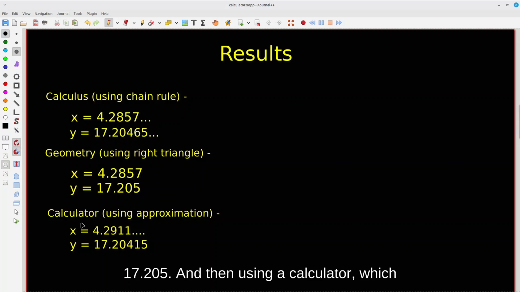And then using a calculator, which is basically approximating the answers, x equals 4.2911 and y equals 17.20415. So you can see the calculator is not quite as close as the other two methods, but it's in the ballpark pretty well.